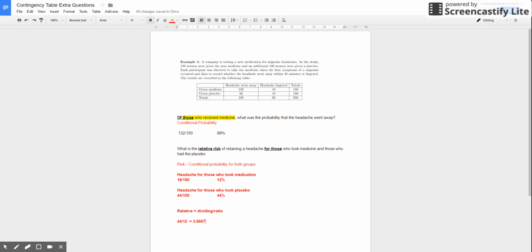In the last bit, you need to put this in words again. So this means that the relative risk of those who take a placebo versus those who take medicine, the relative risk of retaining a headache for those who take the placebo, is, let's say 3.5.